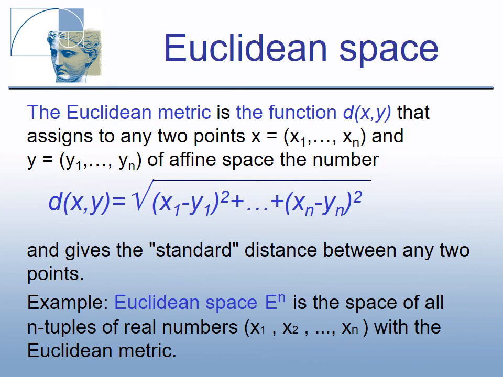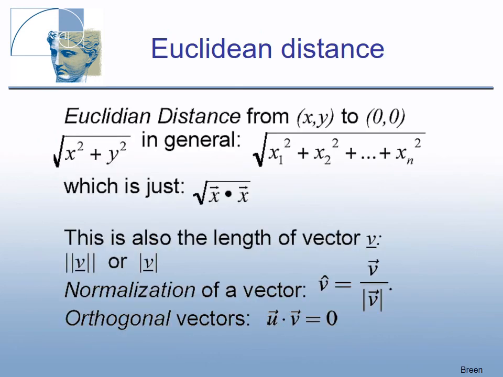So, for example, the space of all n-tuples of real numbers with the Euclidean metric is a Euclidean space En. In this slide, you can see the Euclidean distance from a point with coordinates x, y to 0 in two-dimensional space and in multidimensional space, which is just the square root of a dot product.